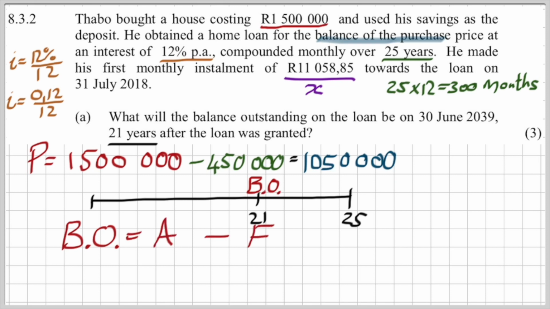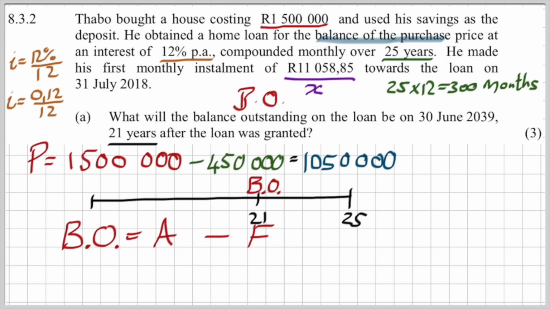Looking forward, the balance outstanding formula, or I just say B.O., balance outstanding, is A minus F. If you've never seen this formula before, A is the compounding of the 1,050,000 for 21 years, while F is how much the payments are worth.